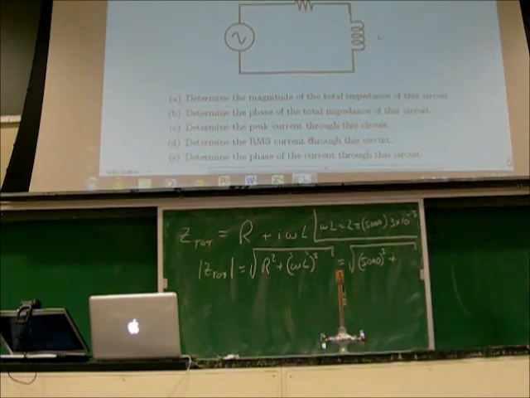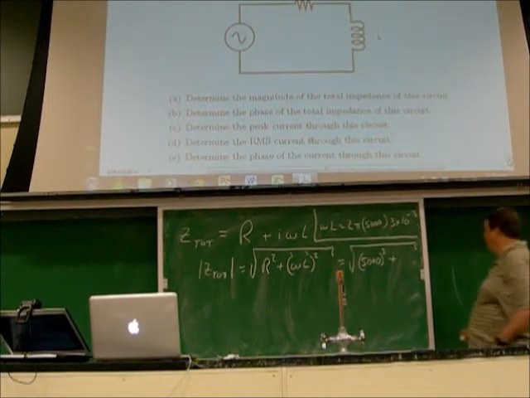What do I get for omega times L? 30 pi, which is like 94.2.